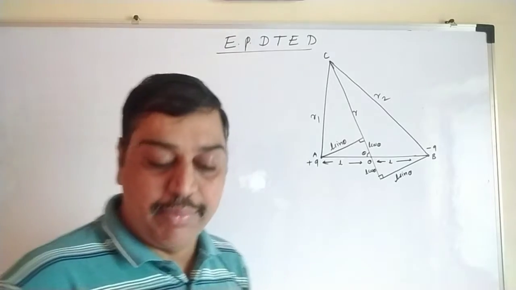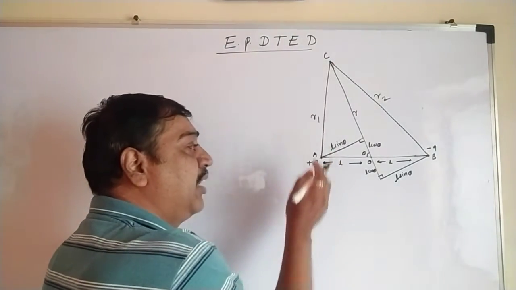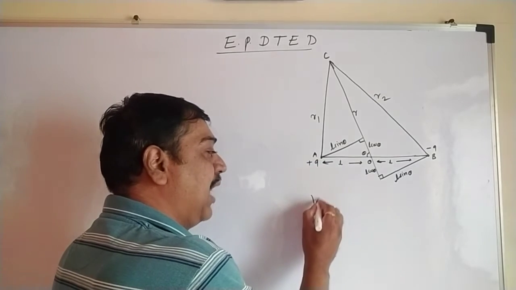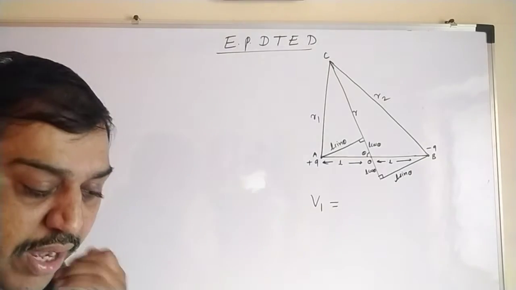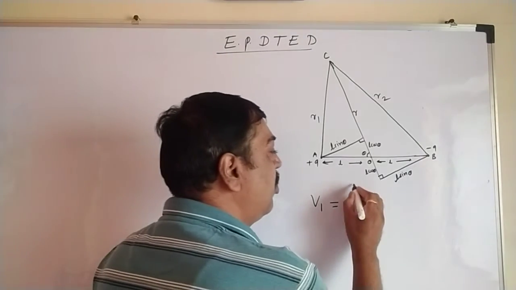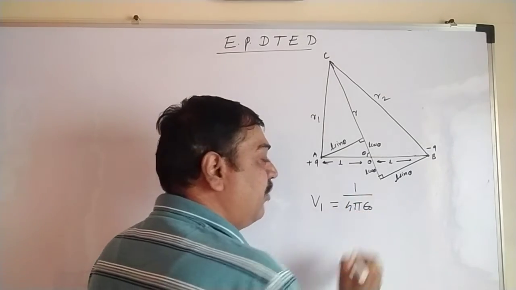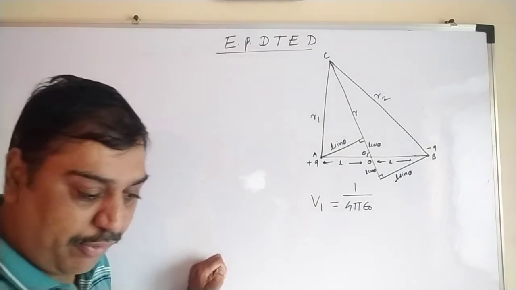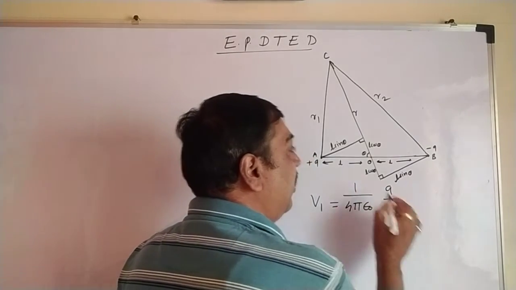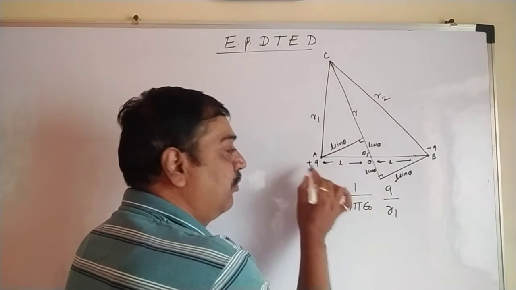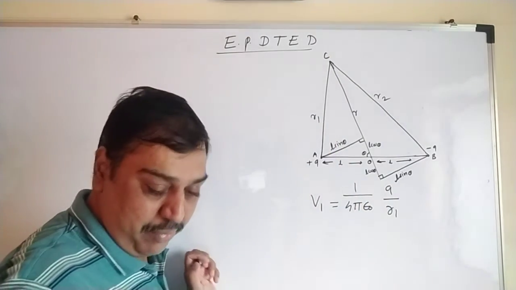So first, the electric potential at point C due to the charge plus Q is V1, equal to 1 divided by 4 pi epsilon 0, Q divided by R1. The charge is plus Q and the distance is R1.